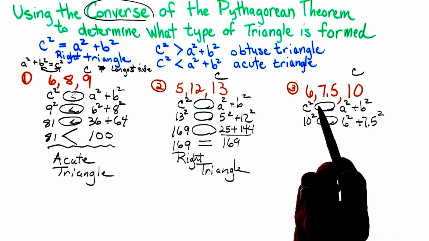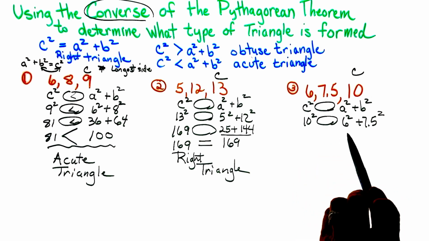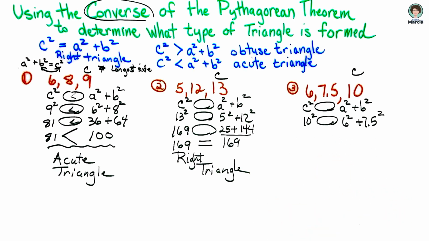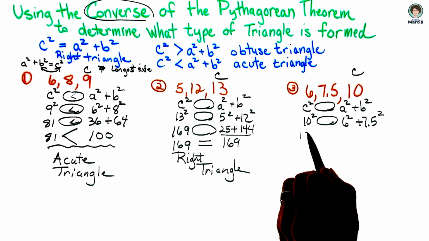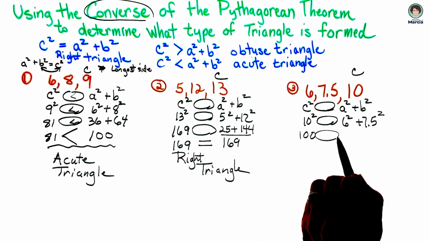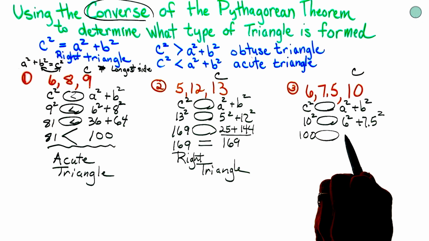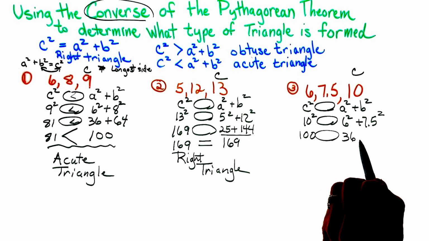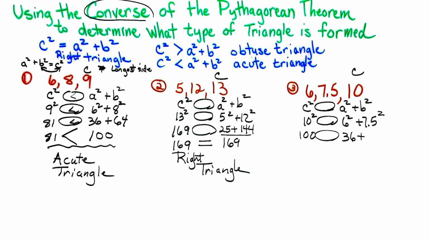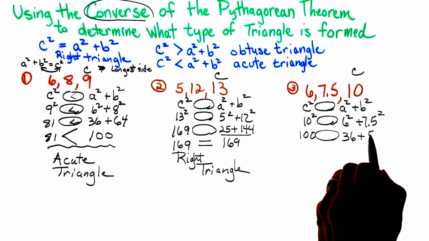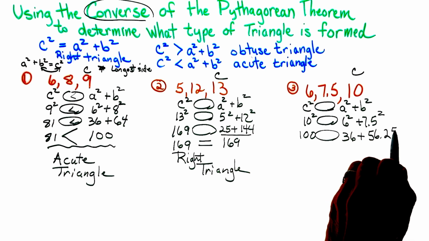Again, it doesn't matter the order that you write these or what you name them, but the C is the one that's important. So we get 100 here. 6 times 6 is 36, plus 7 and 5/10 times 7 and 5/10 is 56 and 25 hundredths.